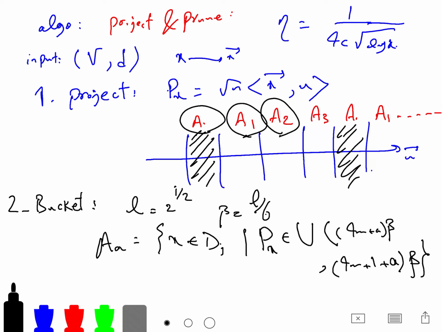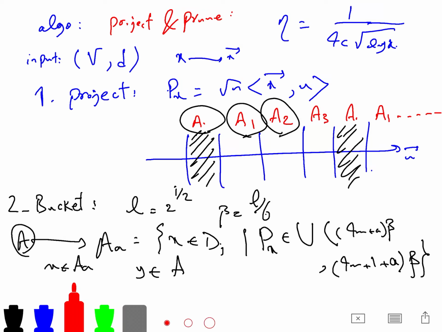So a terminal is split by A if x is in A and y is in another A, for example. First, I should say that this distance is just beta, and then we can split. And we can prove that it has some interesting properties over the distance.